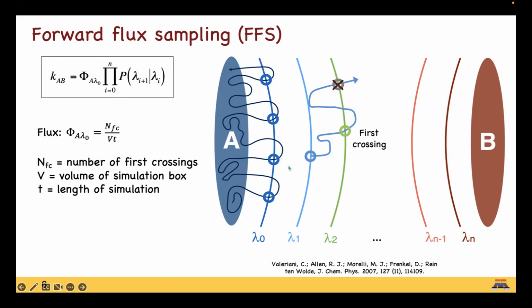So you look at this path, and this is where it crosses the interface 2 the first time. So that's my first crossing. If it weaved around and then recrossed the interface again, we won't use that at all. In fact, in most cases in the application, as soon as you see the first crossing, you'll try and terminate the trajectory. You won't even propagate it any further. So you're really only looking for first crossings in the whole thing.